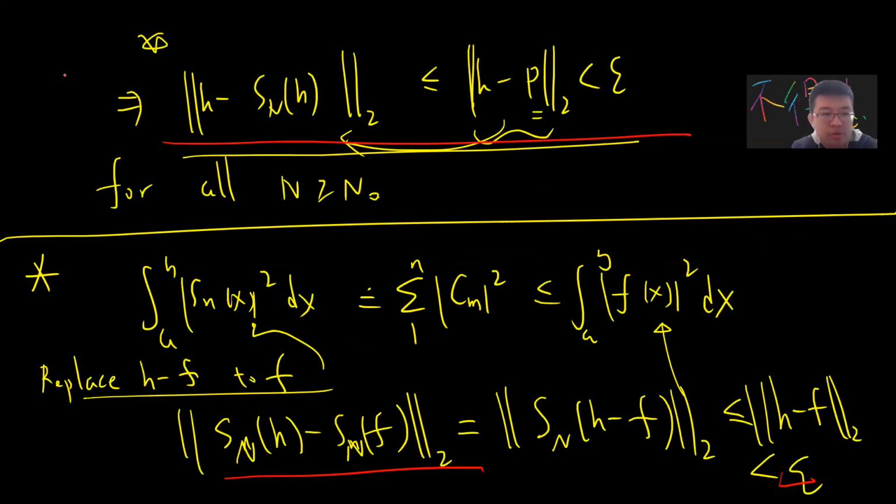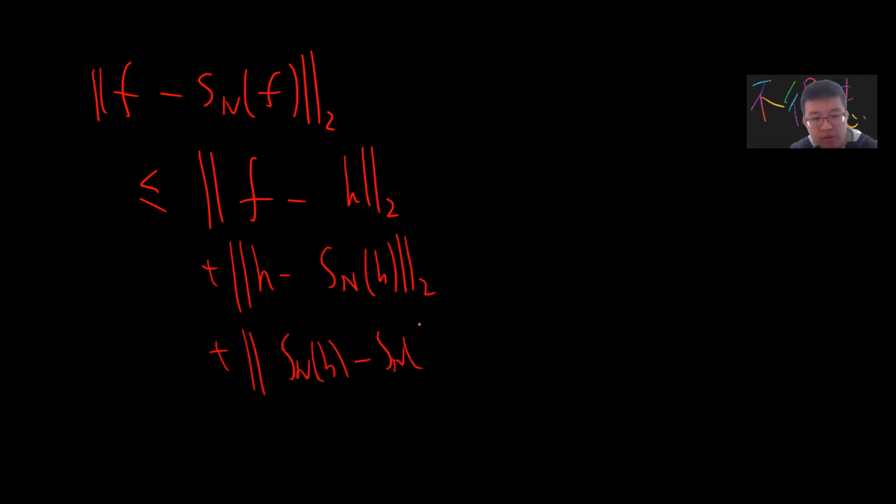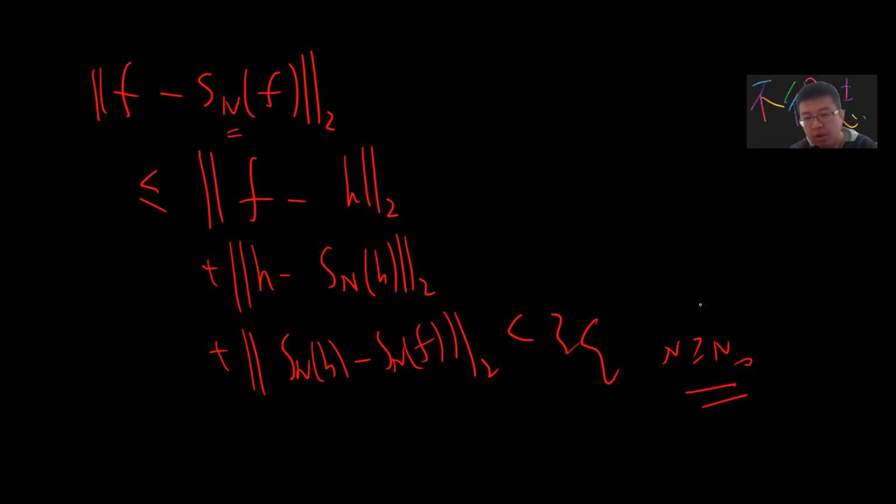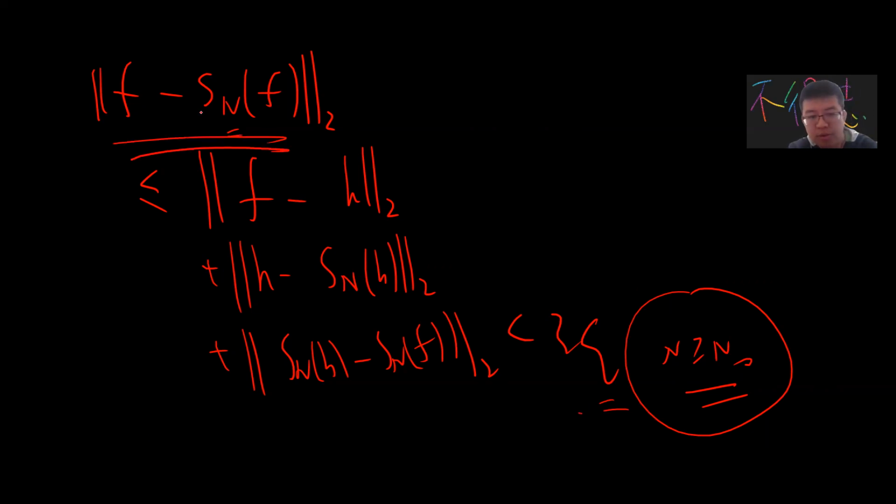You can get your norm of f minus Sn f by using the three of them. One is f minus h, the next is h minus its partial sum, and the final is its partial sum minus Sn of f. Then it is less than 3 epsilon. So basically, if you pick epsilon to be very small, and n0 to be large enough, then this will converge to this Fourier series.